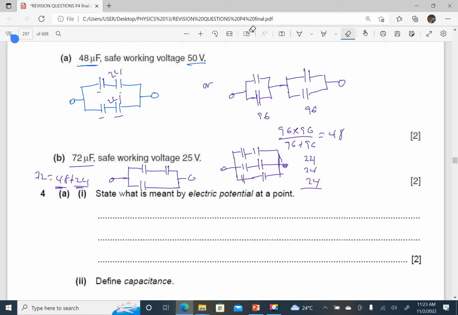But many times it is not advisable to use so many capacitors. State what is meant by electric potential at a point. I think we define this in electric fields.